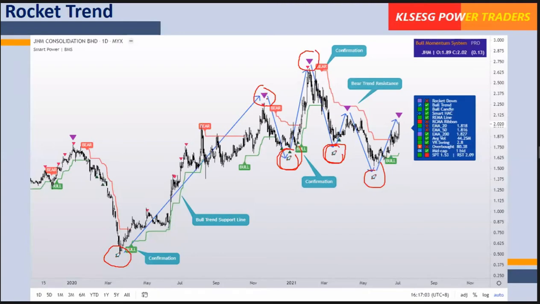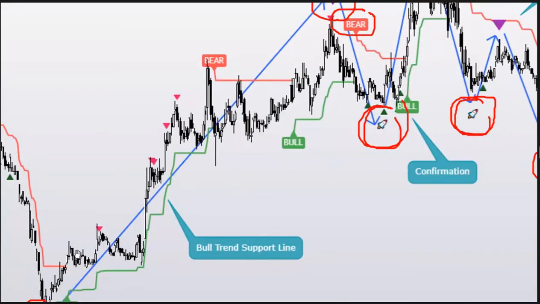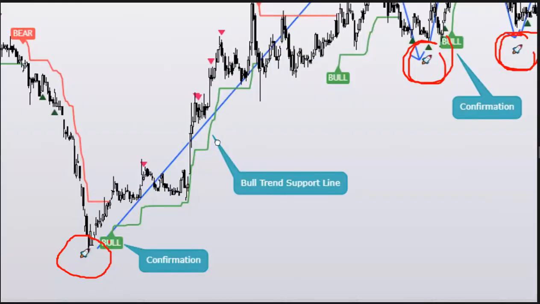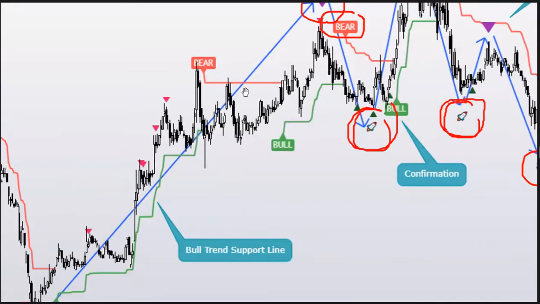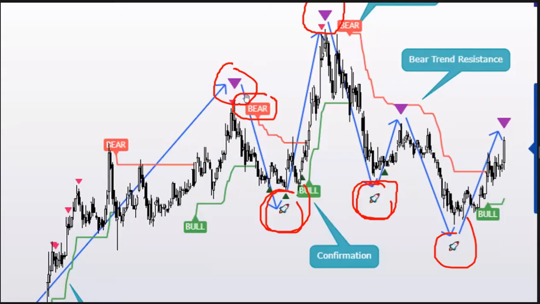Once the purple triangle stops moving with a bear signal, again, you see the rocket move up, confirm move up, until it reaches the purple triangle, it will stop. The purple triangle stops, and then there's a bear signal here. This bear label appearing is to confirm the purple triangle.